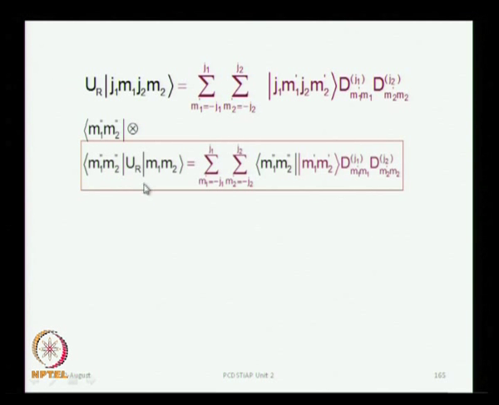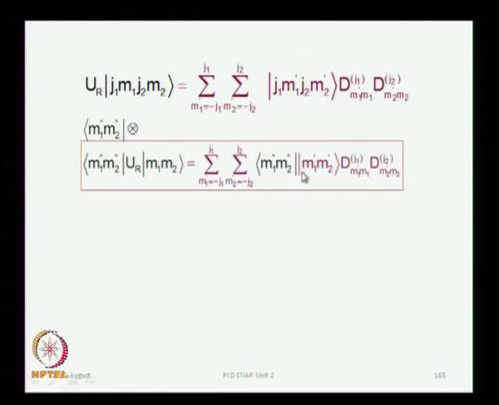So, now on the left hand side I will get the matrix element of the rotation operator in the direct product states, and here you have the matrix elements of the rotation operator in the factor states, but now you have this element as well.